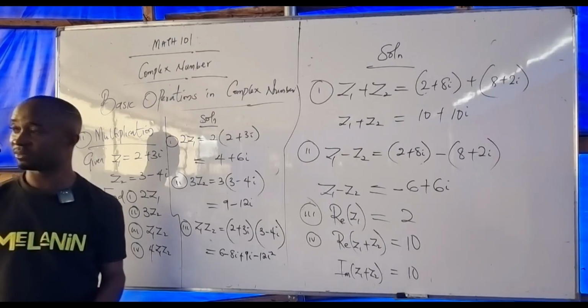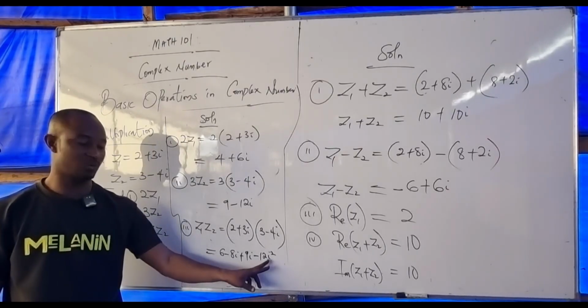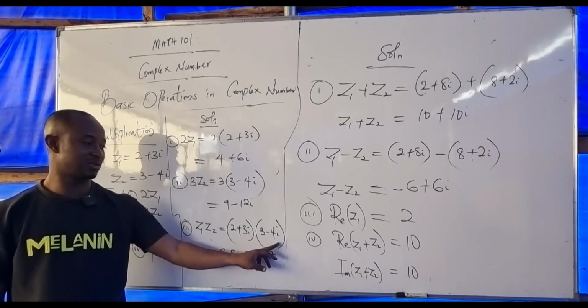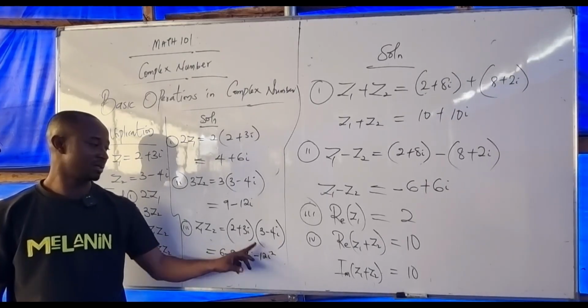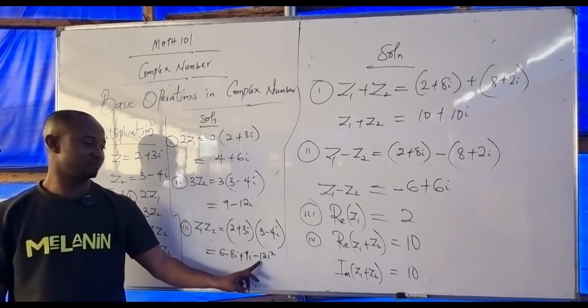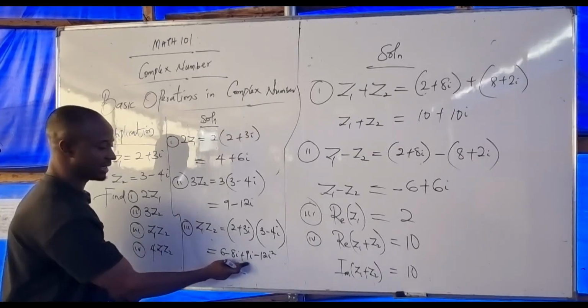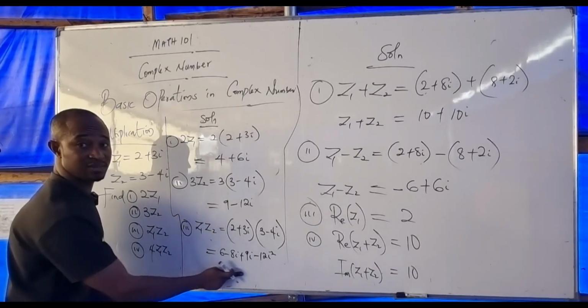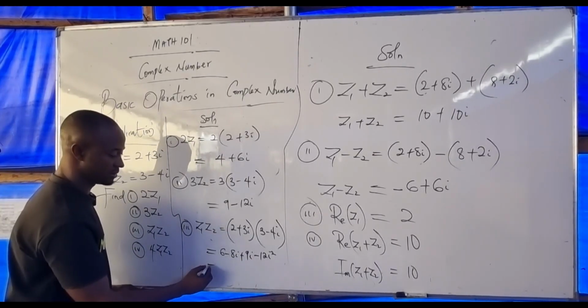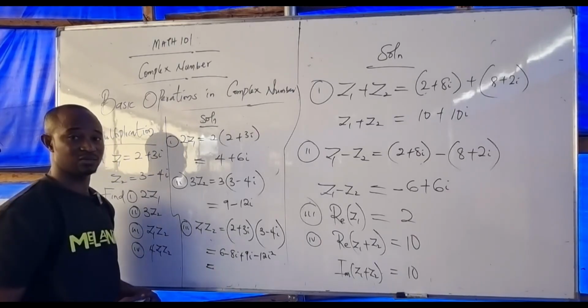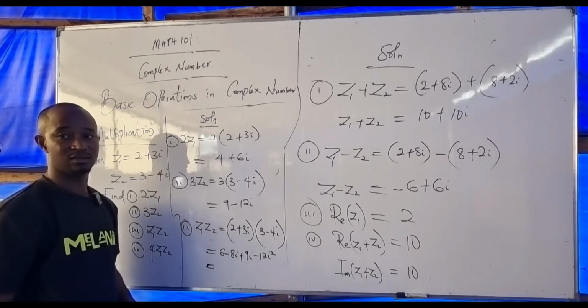This is where i squared comes in. You know why we have i squared here? Because i times i is i squared. 3 times minus 4 is minus 12. Okay. These two are then like terms. Can they be added together? Minus 8i plus 9i.